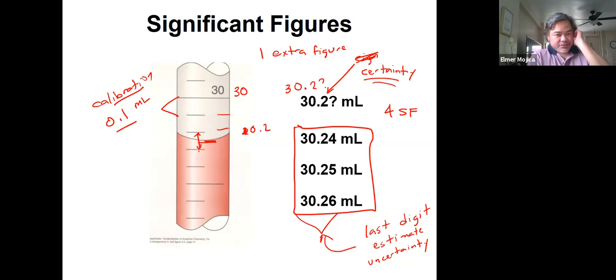Okay, so the last significant digit in a measured quantity has some associated uncertainty. Another piece of information it can tell you is that you can determine the calibration, even without looking at the instrument.